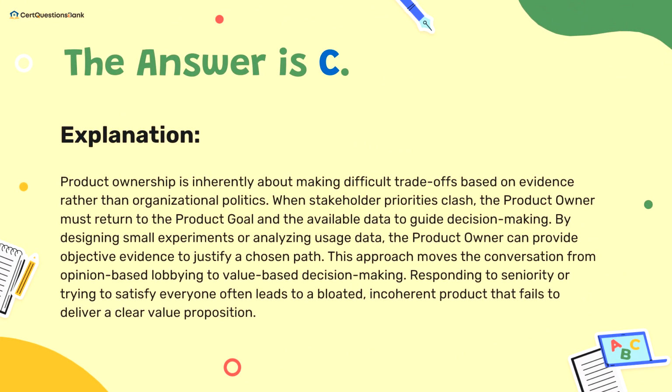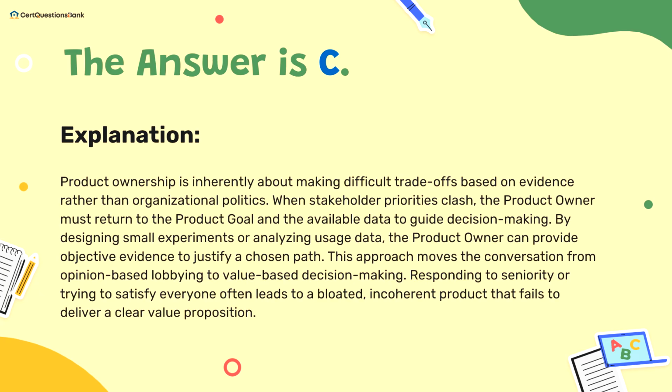The answer is C. Product ownership is inherently about making difficult trade-offs based on evidence rather than organizational politics. When stakeholder priorities clash, the product owner must return to the product goal and the available data to guide decision-making.